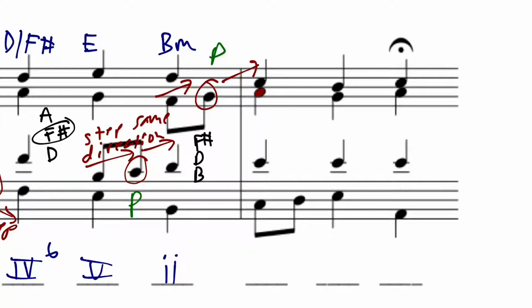Now, look at this real quick. See, this is all in the same voice. Notice the stems are going downwards, right? All the non-harmonic tones we look at, we think of as fitting into one voice. So this is all this alto voice that we're working with. You might think that it's actually going up somewhere else. Let's erase some of this for a second.